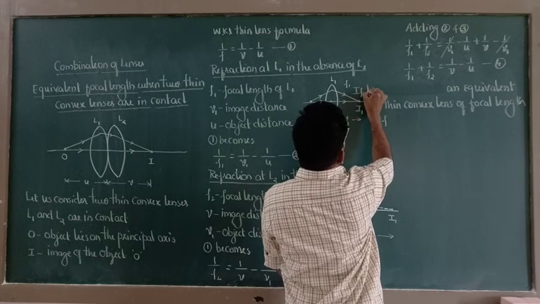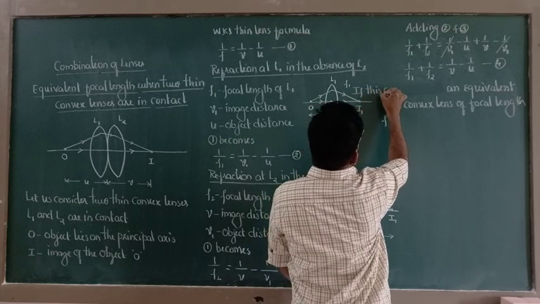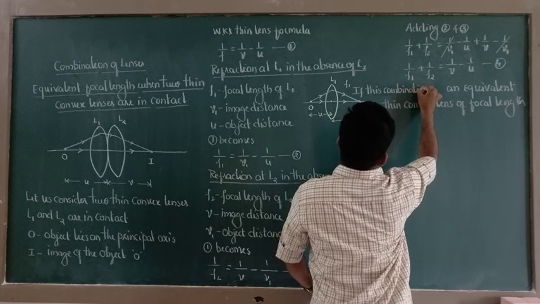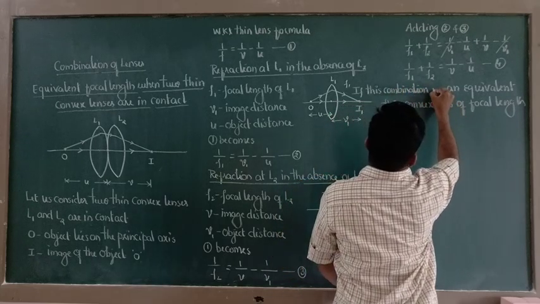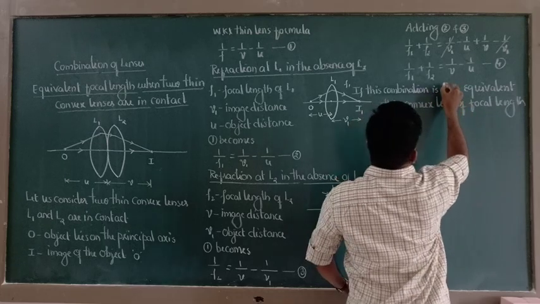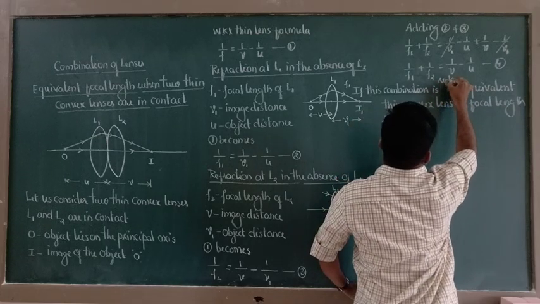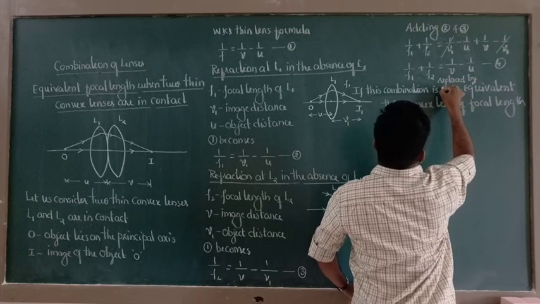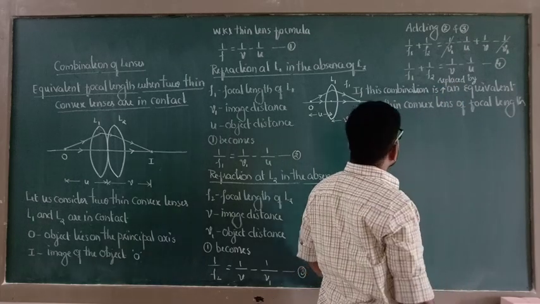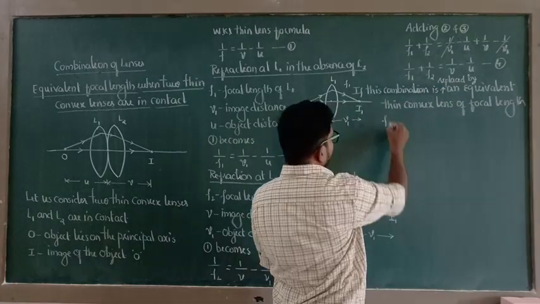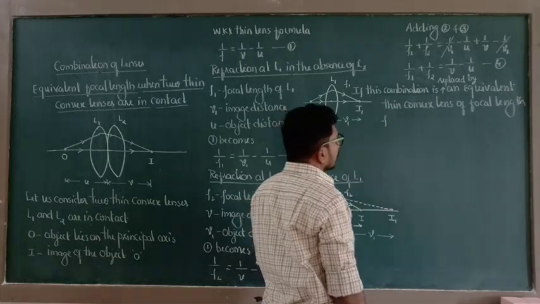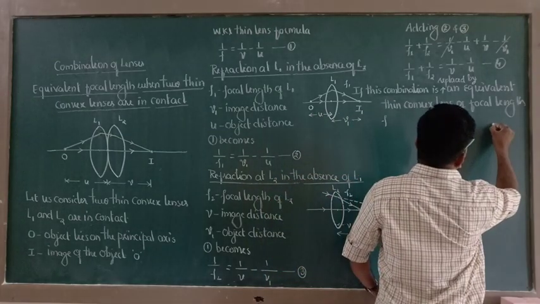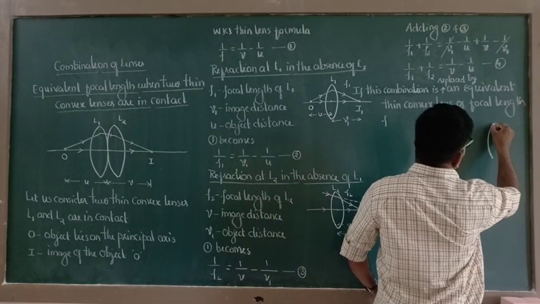If this combination is replaced by an equivalent thin convex lens of focal length f, then easily you can understand. So this is the thin convex lens.